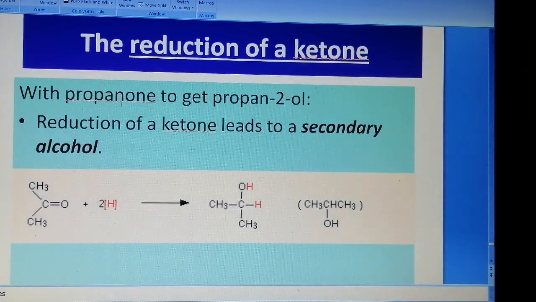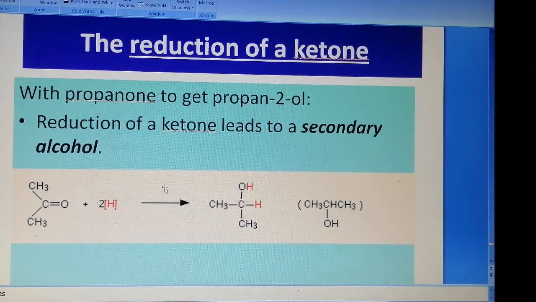Now you can see here it's a ketone. Ketone on reduction, every time you should get a secondary alcohol. That means this CH3 and CH3, there will not be any change. Only change here, the carbonyl group will be changed to CHOH. You can see here CHOH.